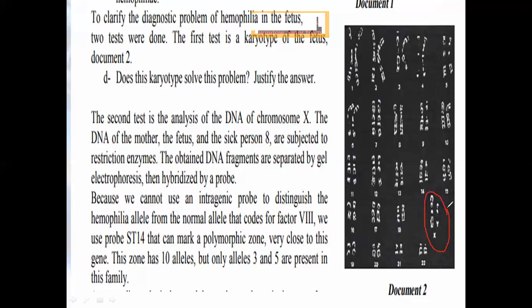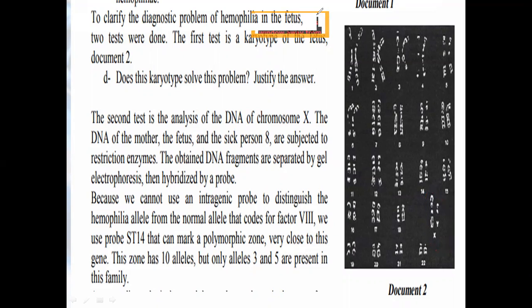Because we cannot use an antigenic probe to distinguish the hemophilia allele from the normal one that codes for factor 8, we use probe ST14 that can mark a polymorphic zone very close to this gene. This zone has 10 alleles, but only two of these are present in this family: allele 3 and allele 5.